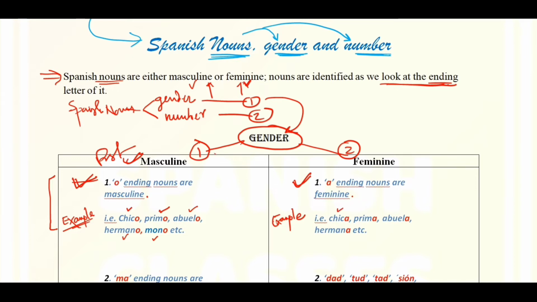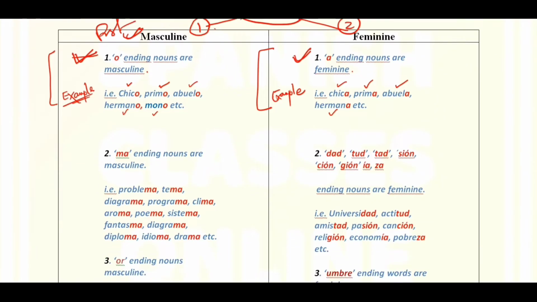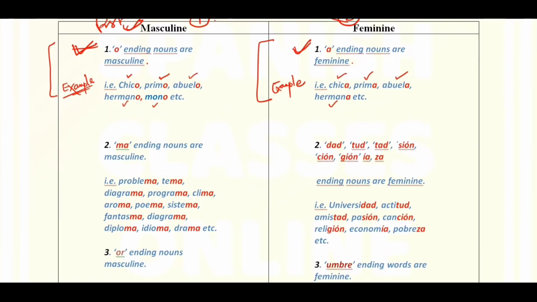Abuela, grandmother. Hermana, sister. Repeat it again: chica, girl. Prima, cousin sister. Abuela, grandmother. Hermana, sister. So we have done the first point in feminine. Now we identify that O-ending nouns are masculine, A-ending nouns are feminine in nature.